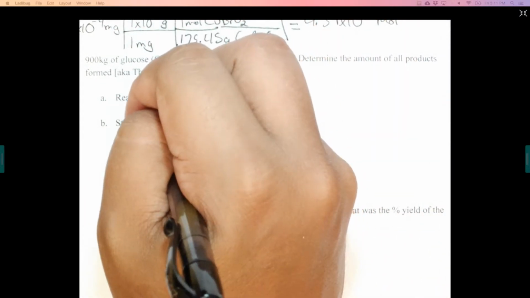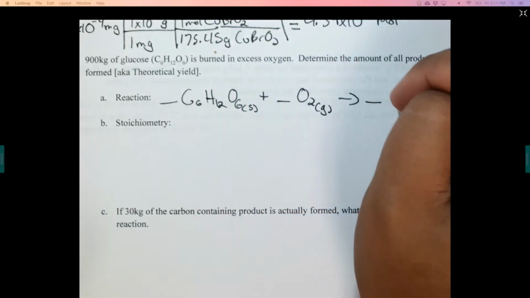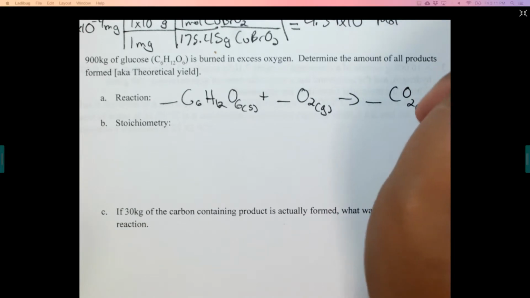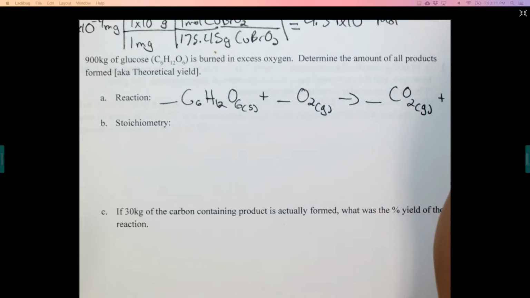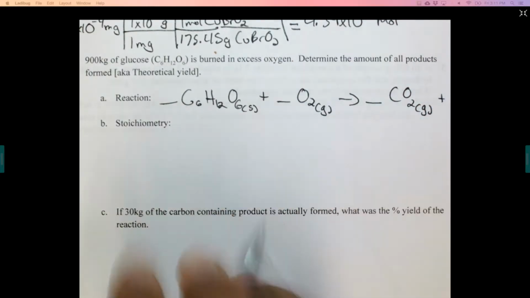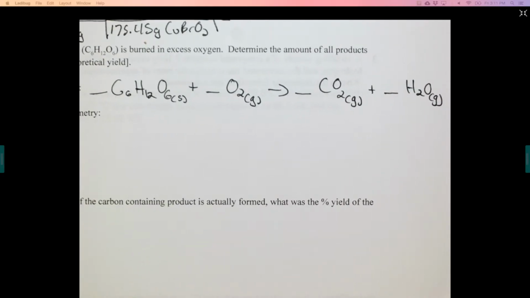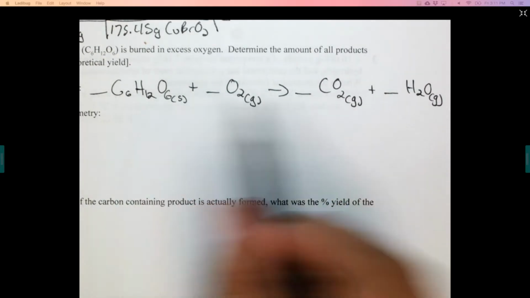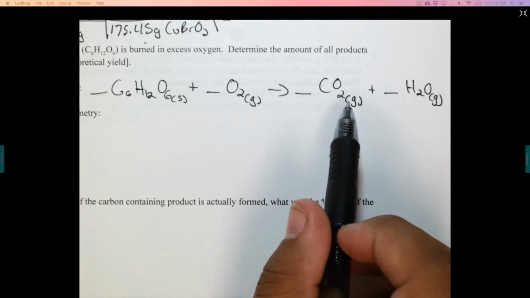That reaction is C6H12O6, which is a solid, plus oxygen, which is a gas, which gives us CO2, which is a gas, plus water, which is a gas. So here we have the reaction. You need to be able to write all of this.